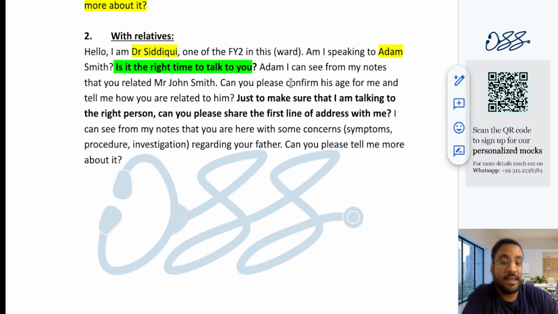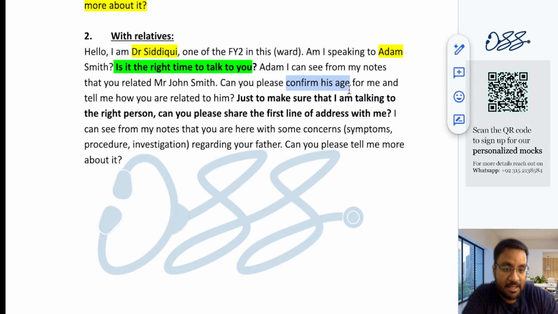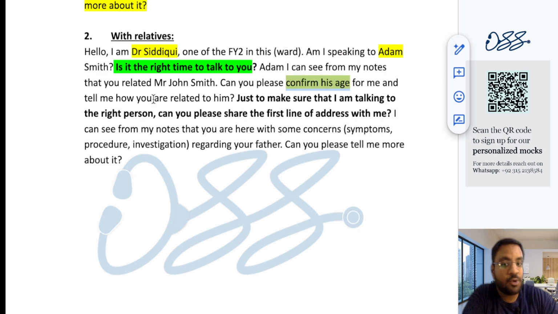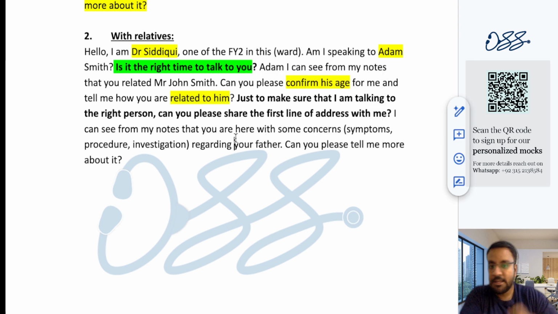Can you confirm his age for me and how you are related to him? Since it's a relative scenario, I'm not going to ask the age of Mr. Adam Smith; I'm going to ask the age of Mr. John Smith, and I'm also going to check how he is related to Mr. John Smith. So the relative part is confirmed.